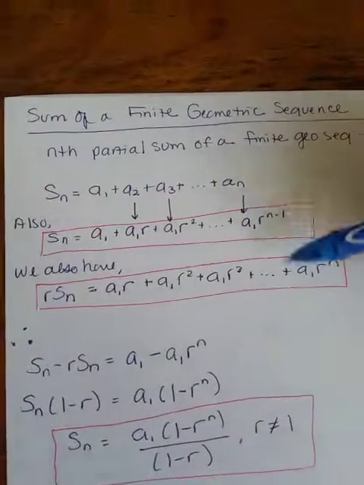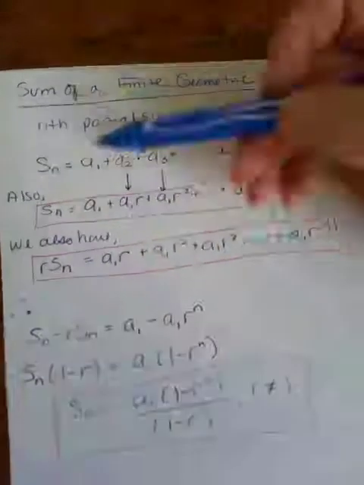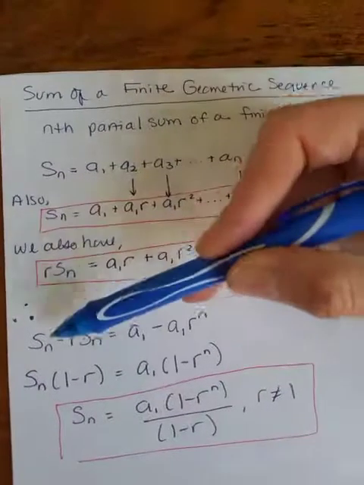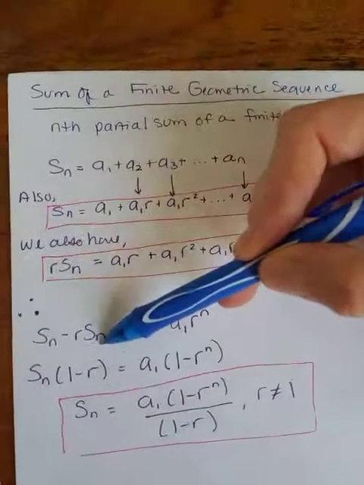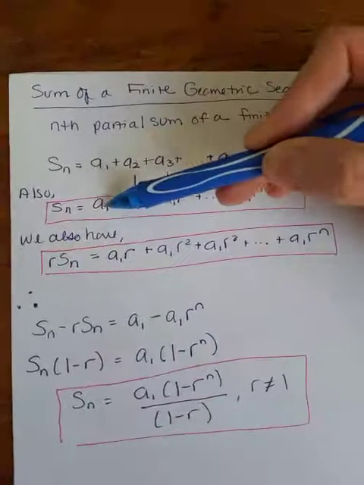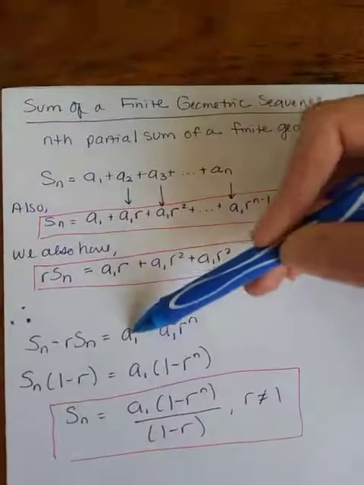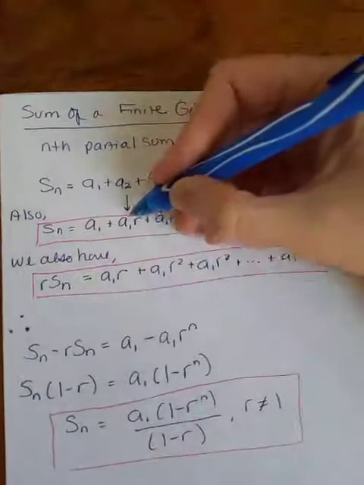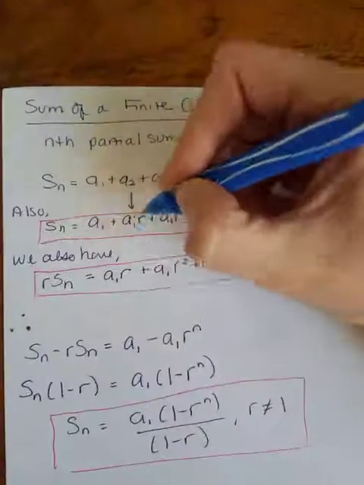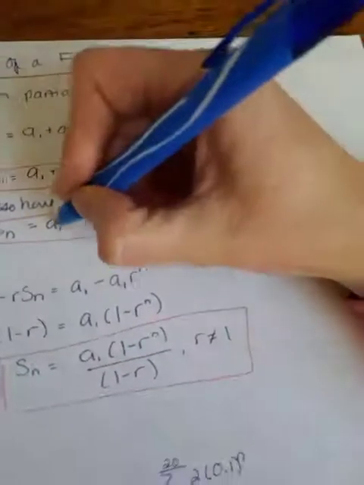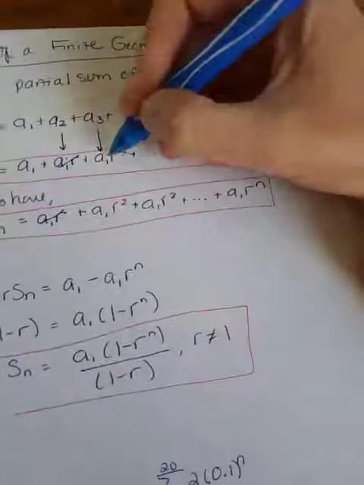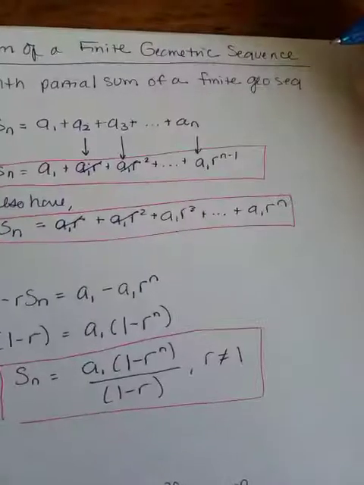Thinking of this as a system, subtracting the two, you'd have S sub n minus r S sub n. Okay, and so if I subtract them, there isn't just a plain old a sub 1 here. So I'd have a sub 1. But then I have a sub 1 r minus a sub 1 r. So those guys actually cross out. A sub 1 r squared minus a sub 1 r squared. Those cross out.